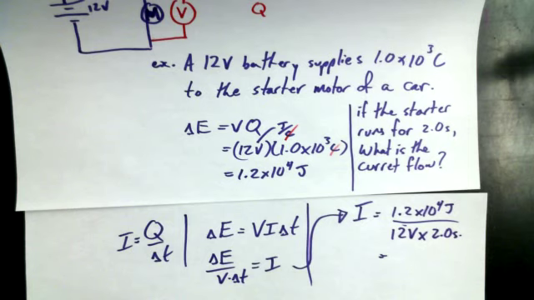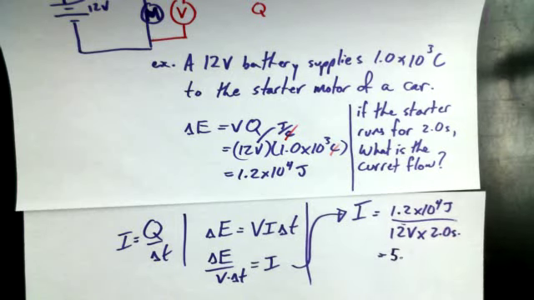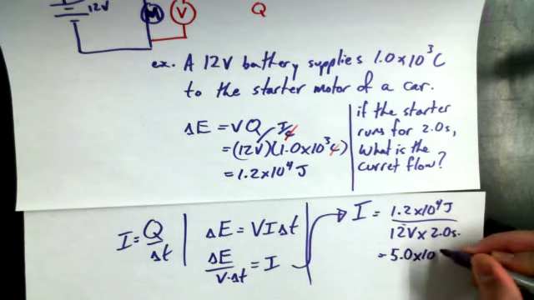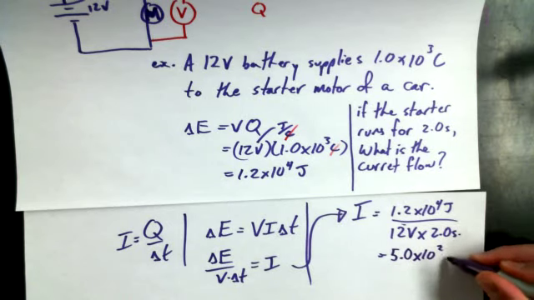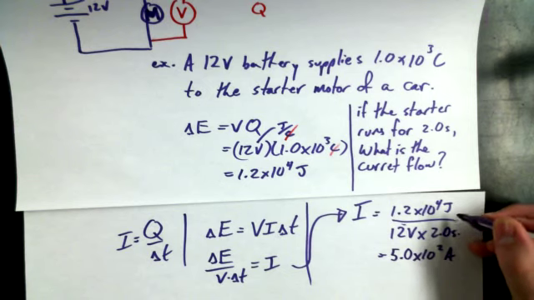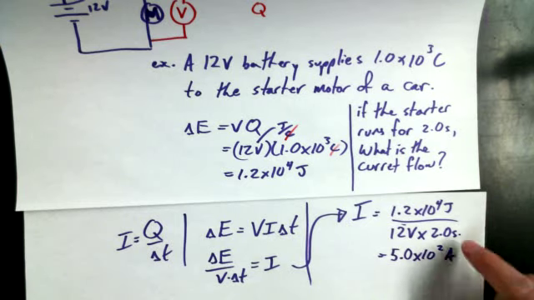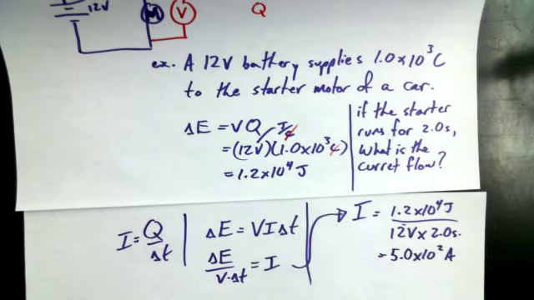Okay, 1,000 divided by 2 is 500. Check it out in your calculator. Did you get 500? Yeah? I got 500, okay. So we could say that it's 500, or if we want to really illustrate the sig figs, we could say that it's 5.0 times 10 to the power of 2 amps, or coulombs per second, because the units cancel out with the volts, so that we are left with only coulombs, and then we have seconds on the bottom. Coulombs per second, the amps.